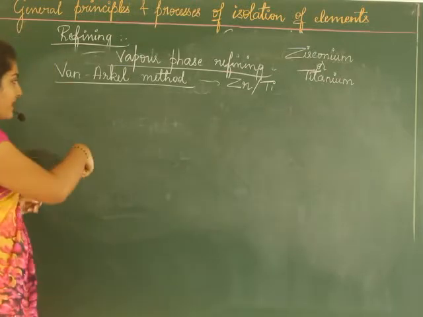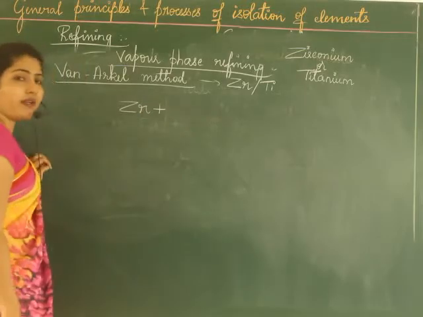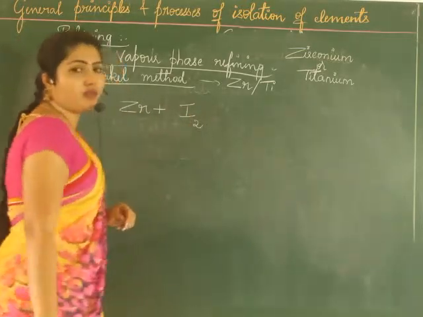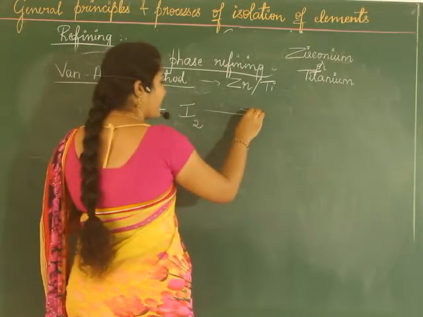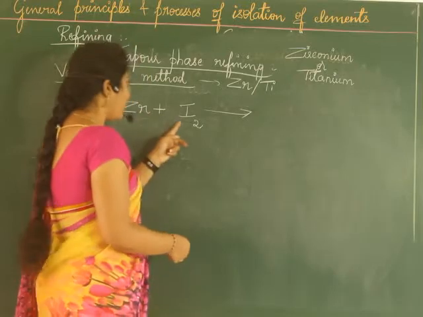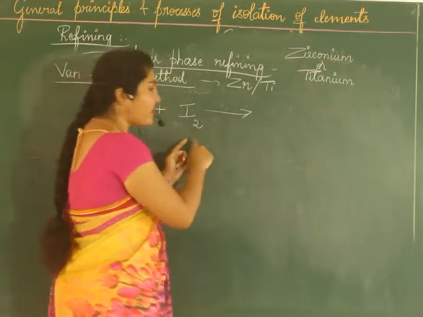So first, what is done? Zirconium is treated with iodine vapors. Again the same: first you form a volatile complex, then you decompose it. Zirconium is heated in the presence of vapors of iodine.